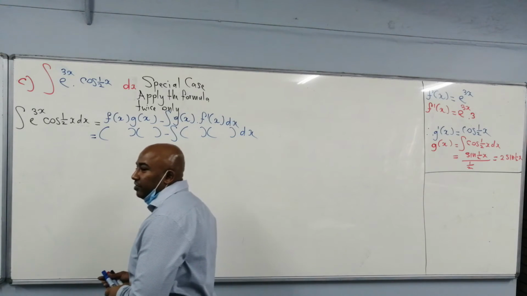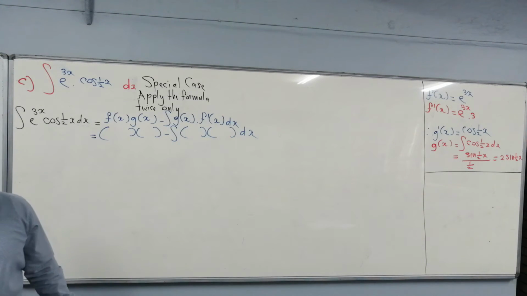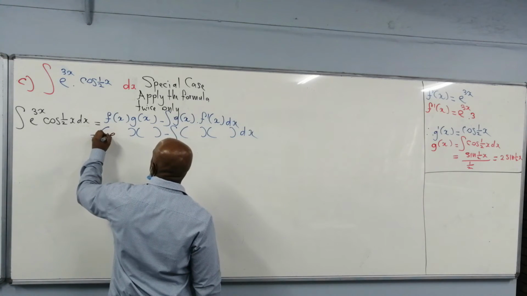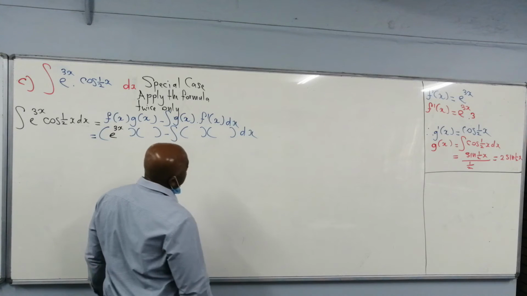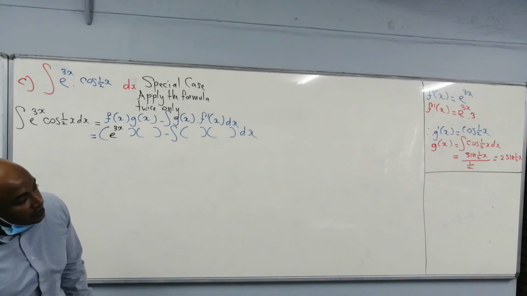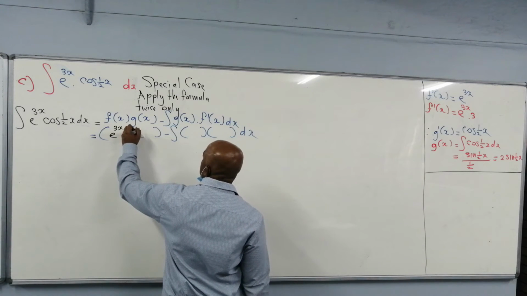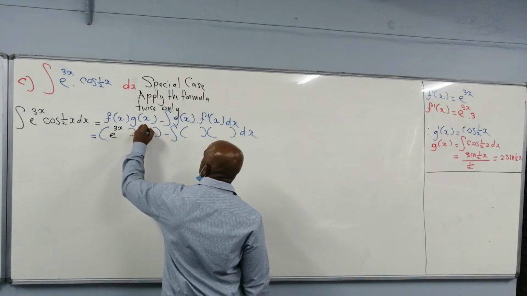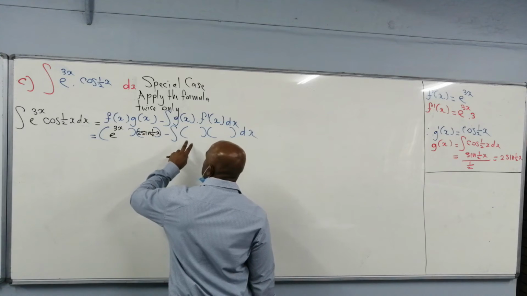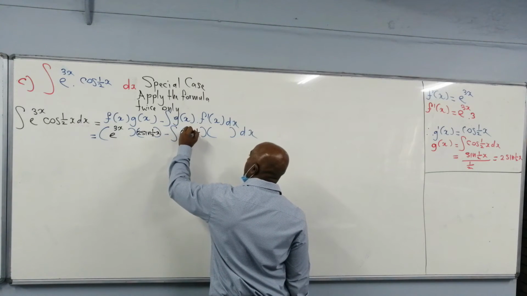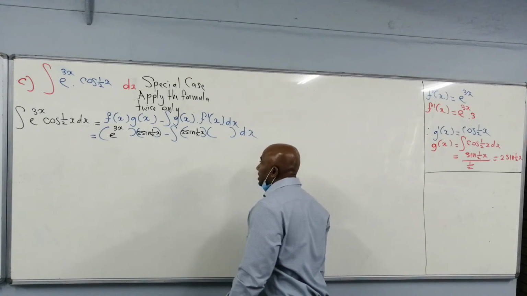So what is my f of x? My f of x is e to the power 3x. G of x is 2 sine of half x. So my g of x again is 2 sine half x.